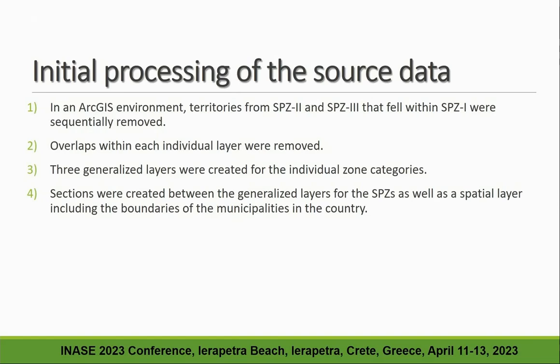Three generalized layers were created for the individual zone categories. And the next intersections were created between the generalized layers for the sanitary protected zones, as well as a special layer including the boundaries of the municipalities in the country.